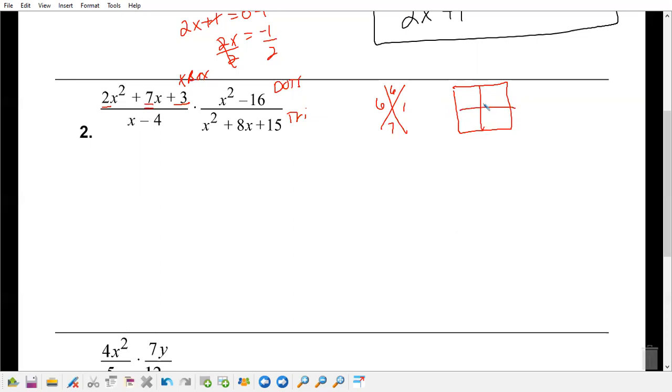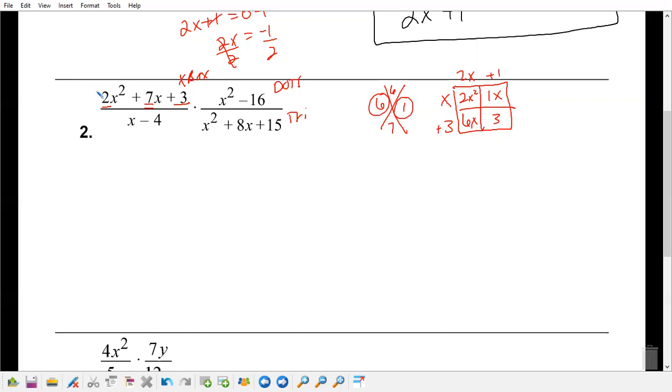So filling it in really quick, we have 2x squared and 3 gives me 6x. X gives me 1x. GCF, we have x, 3, 2x, 1.